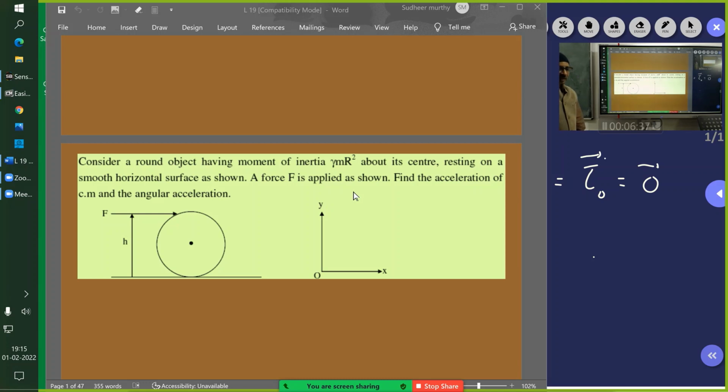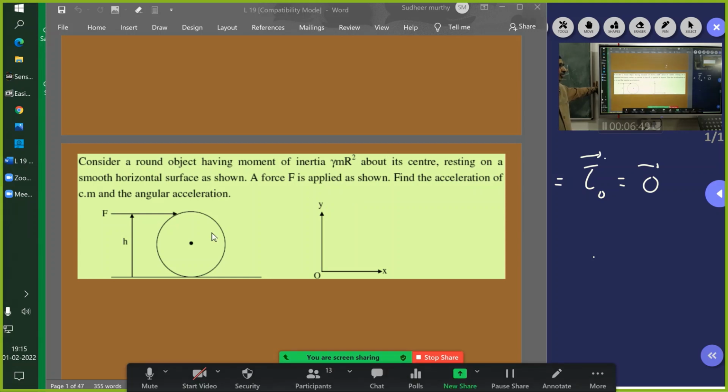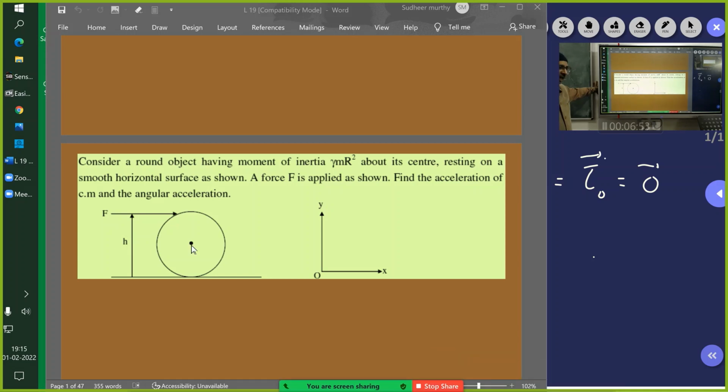Correct? Sir, one doubt. The acceleration of center of mass is totally independent of where we apply F, like even if it passes through the center of mass, it is the same acceleration? See, wherever you apply the force, the translational acceleration will not change.